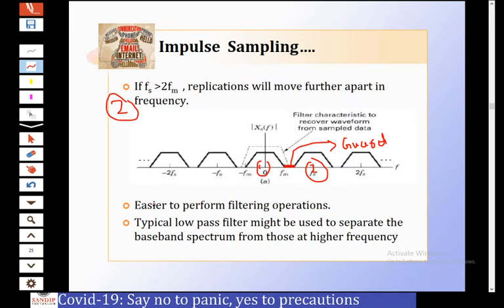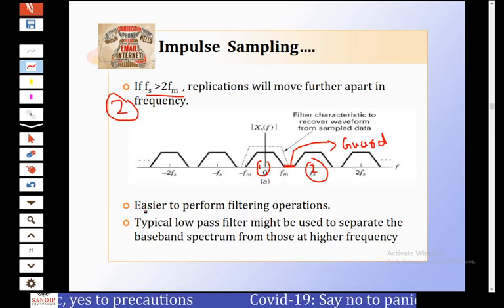So for practical filtering purposes, we need fs greater than twice fm, hence it is easier to perform the filtering operation. Typically a low pass filter might be used to separate the baseband spectrum from those at higher frequencies.